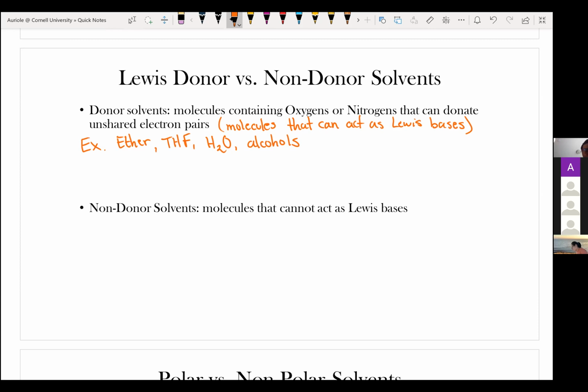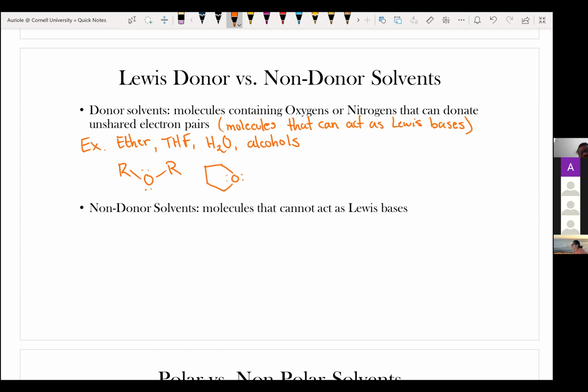This is what ether is going to look like, or I guess another alcohol depending on what that R group is. And this is what THF looks like, a 5-membered ring with the oxygen. But the bottom line is that we have atoms in this molecule that are able to donate unshared electron pairs.